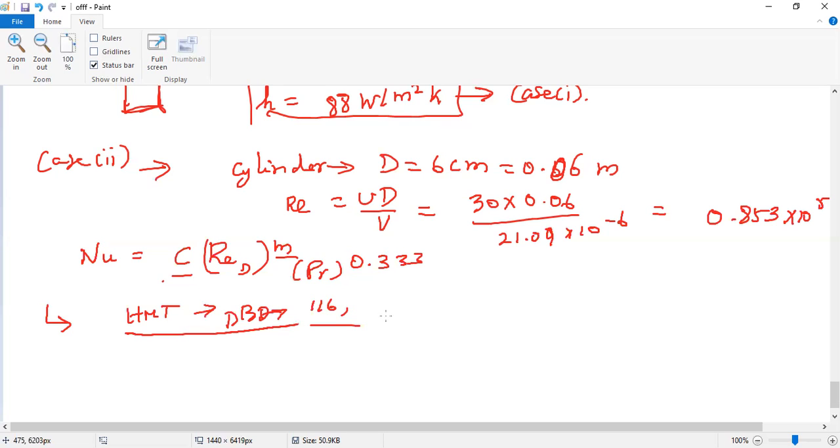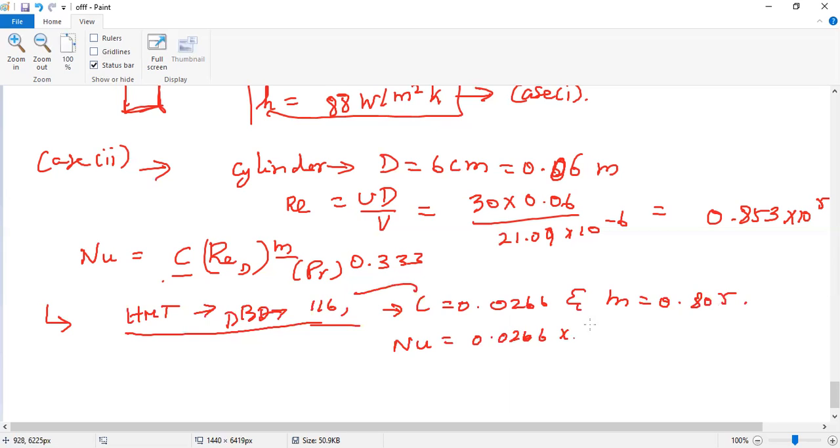The C value is 0.0266 and the m value is 0.805.